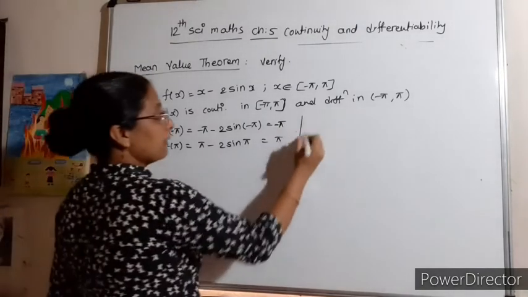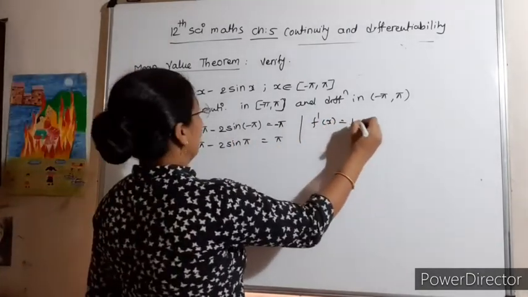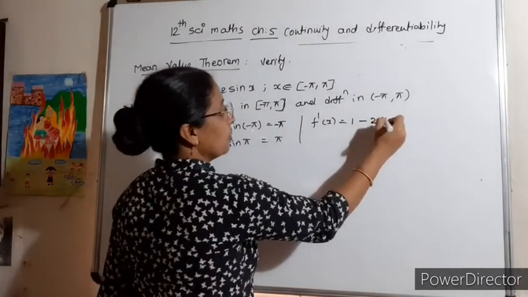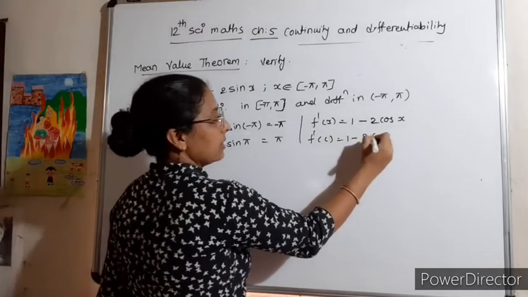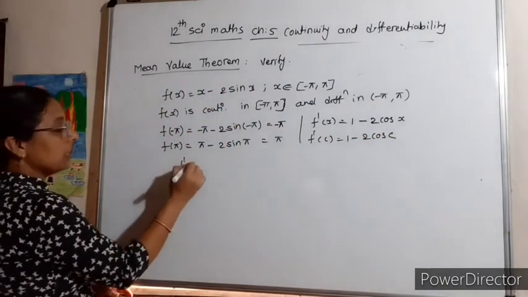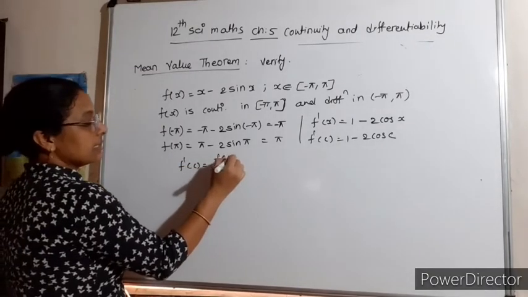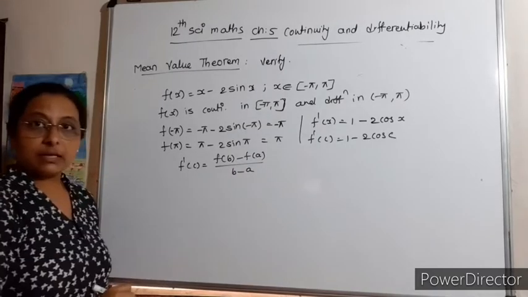Now we'll find f dash x. The derivative of x is 1 minus 2 cos x. Then what is f dash c? 1 minus 2 cos c. Right? Then by the mean value theorem, f dash c is f of b minus f of a upon b minus a.